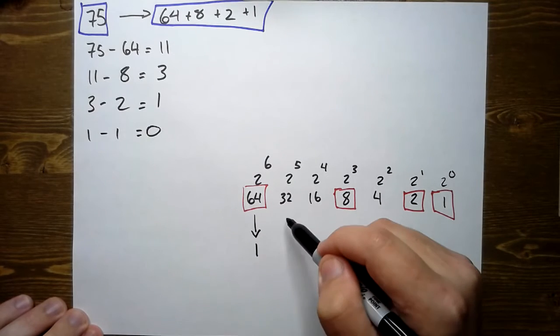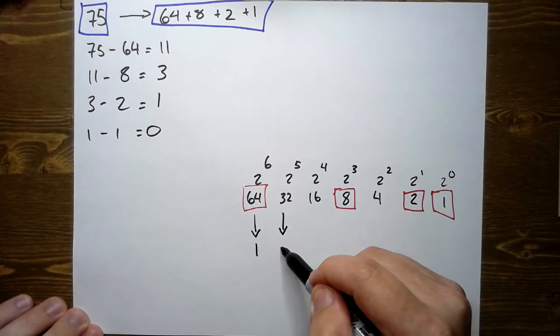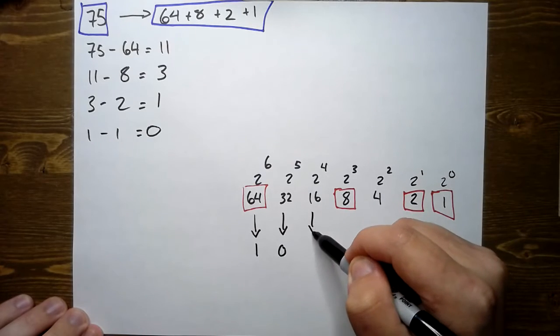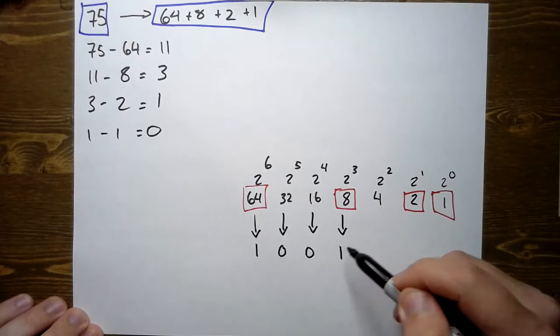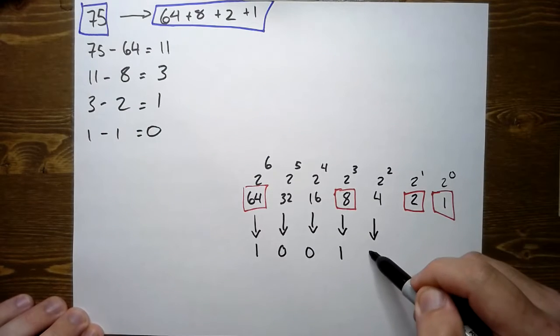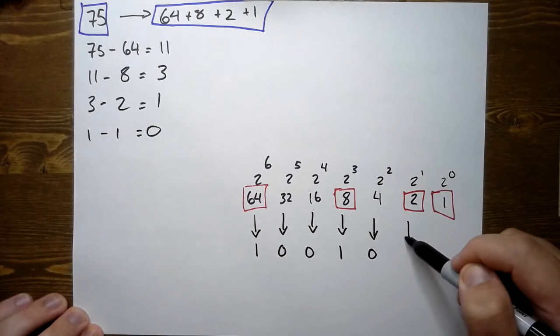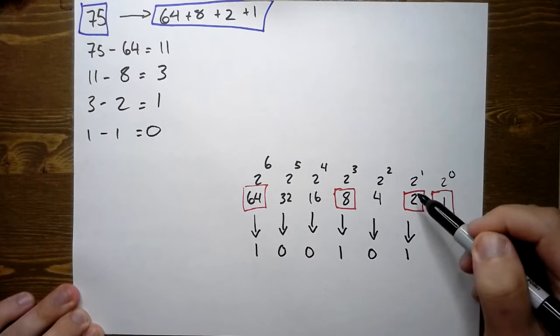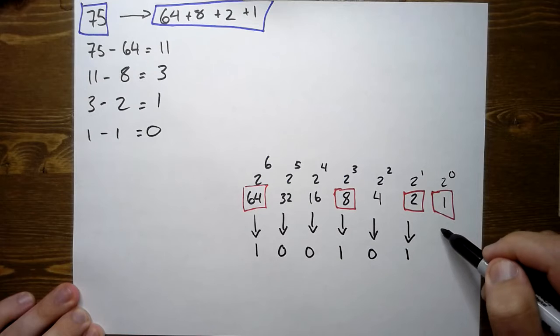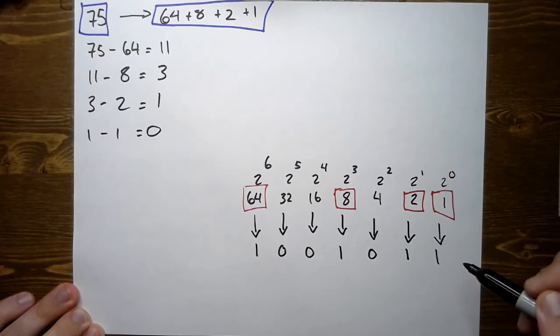This will turn into a 1. We didn't use 32, so that's a 0. We didn't use 16, so that's a 0. We used 8, so that's a 1. Didn't use 4, so that's a 0. We did use 2, so that's a 1. And then we did use 1, so that's another 1.